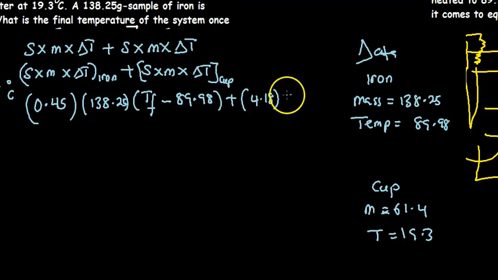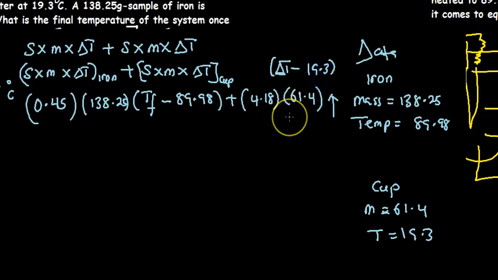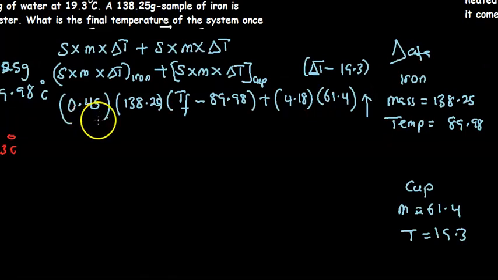What about the change in temperature? The change in temperature is simply going to be the same thing, TF minus, what is the temperature here? Minus 19.3. So if you multiply 0.45 by 138.25, this is simply going to be 62.2125. You are going to repeat this value, which is TF minus 89.98, plus.